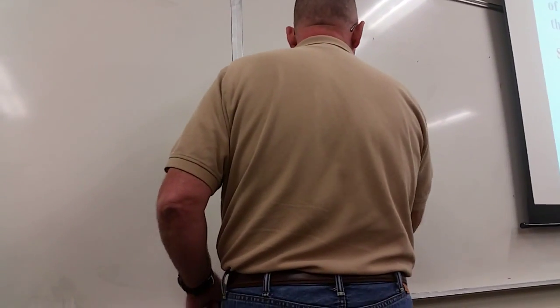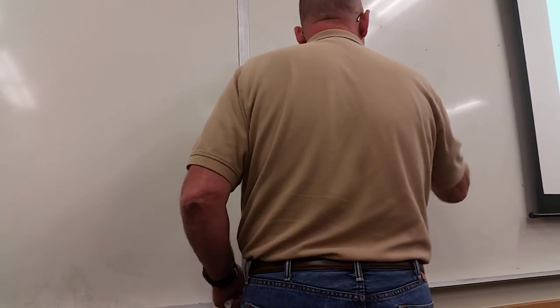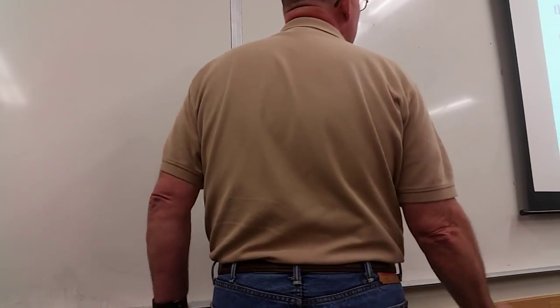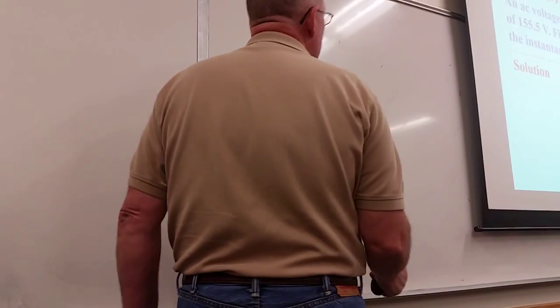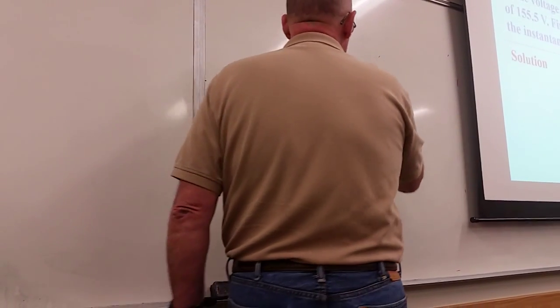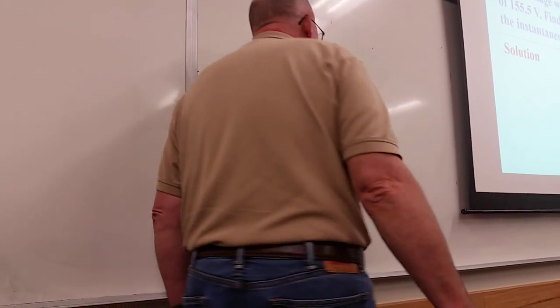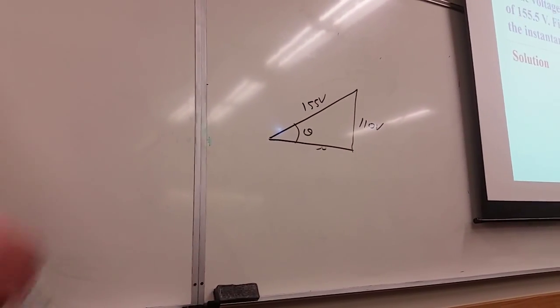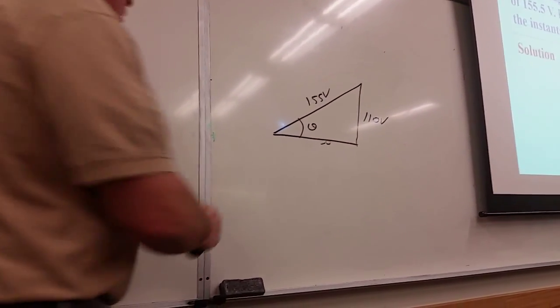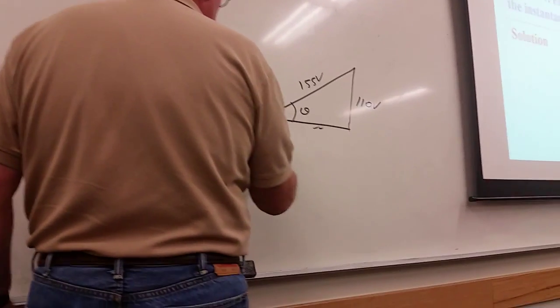So if we draw our triangle, we're trying to find theta, with a maximum of 155 volts and an instantaneous value of 110 volts. We all know what that looks like in a circle and a sine wave, right? So theta is equal to what?